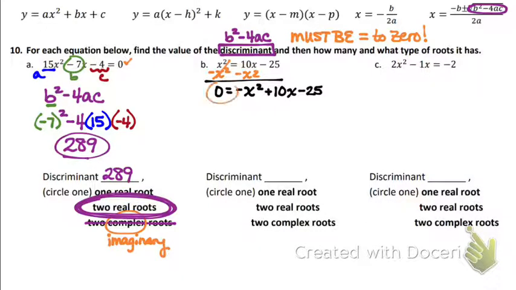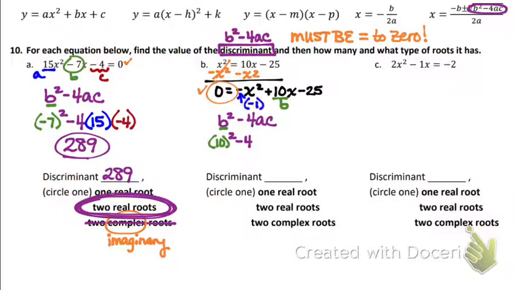And now I've got it equal to 0. So now I'm going to do b squared minus 4ac. What am I putting in for b? 10. So I have 10 squared minus 4 times what? Negative 1.